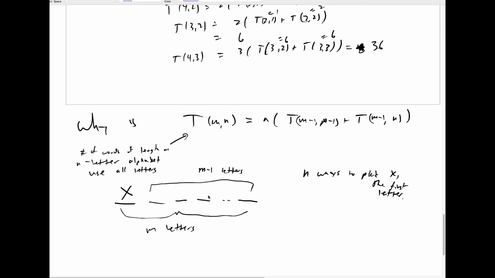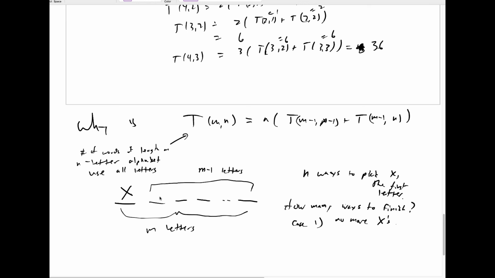But I'm going to divide it into two cases. Case 1. We don't use this same letter ever again. And I'll write no more x's. That means we never use that x again.